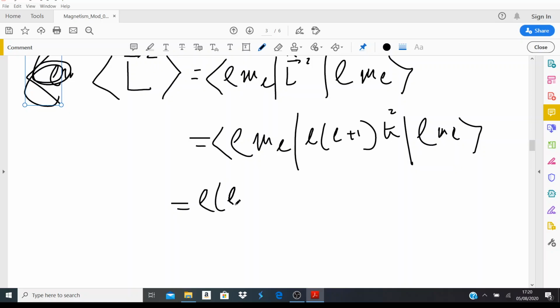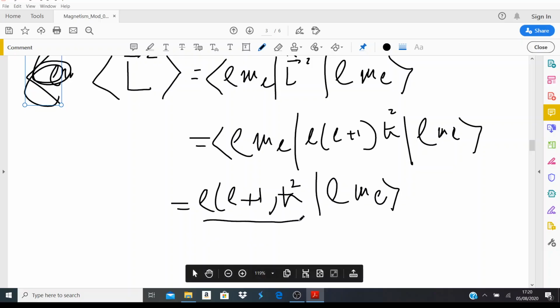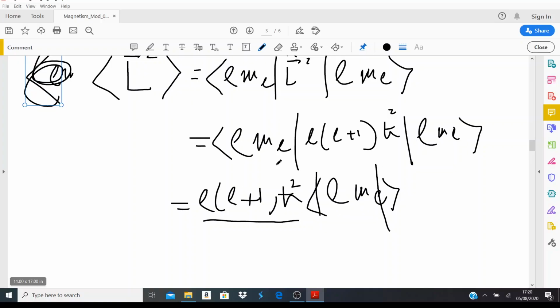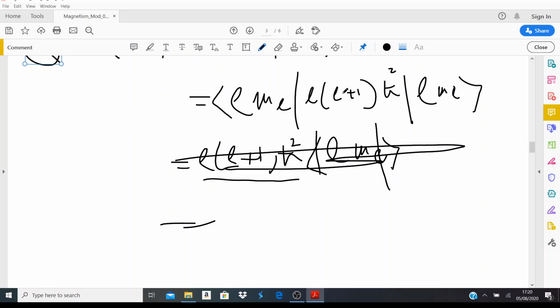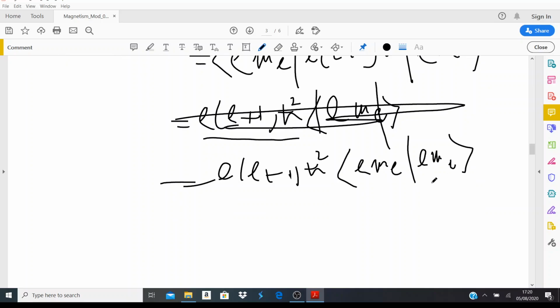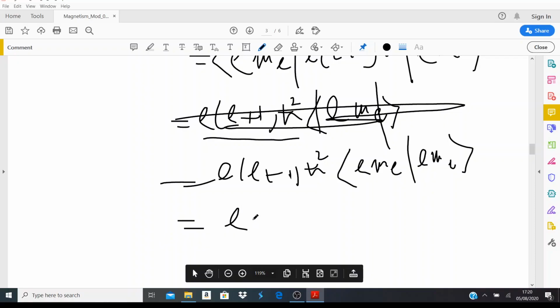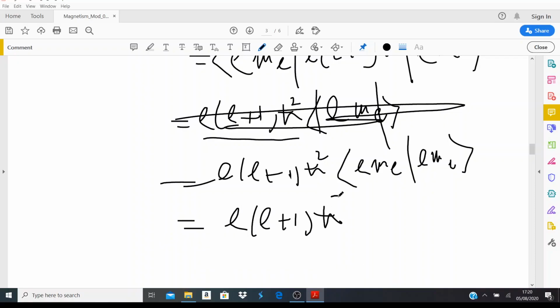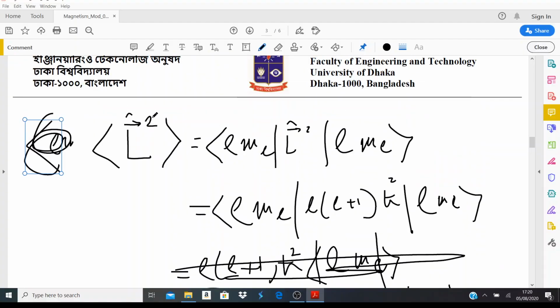You can bring it out: l(l+1)ħ². Sorry, that should be a bra. Let me write this line again. When I bring this number out, l(l+1)ħ², we will have the inner product between ⟨l, m_l| and |l, m_l⟩, so that's one by the orthonormality condition. So the result is l(l+1)ħ², the expectation value of the L² operator.